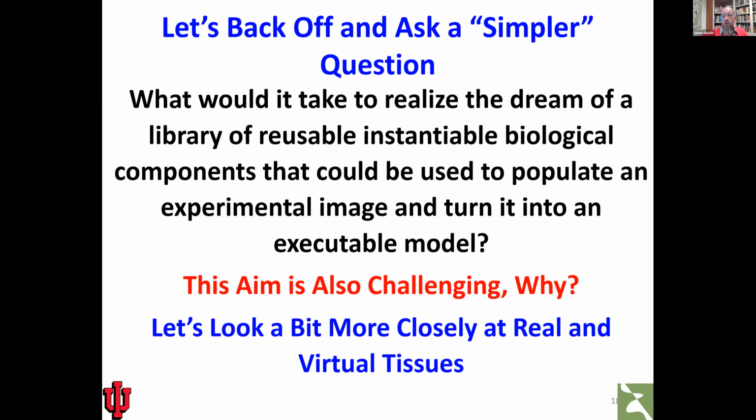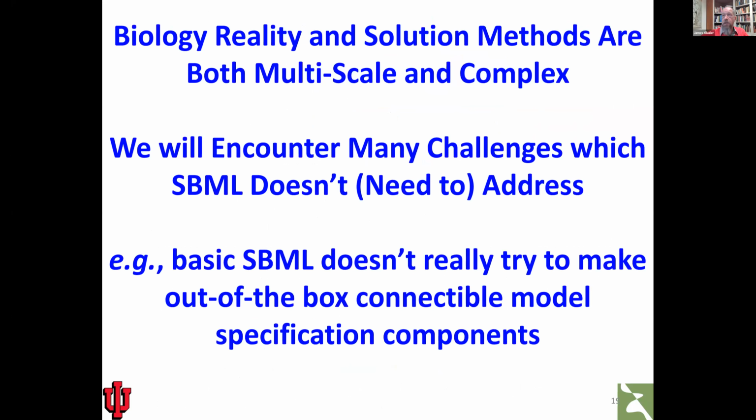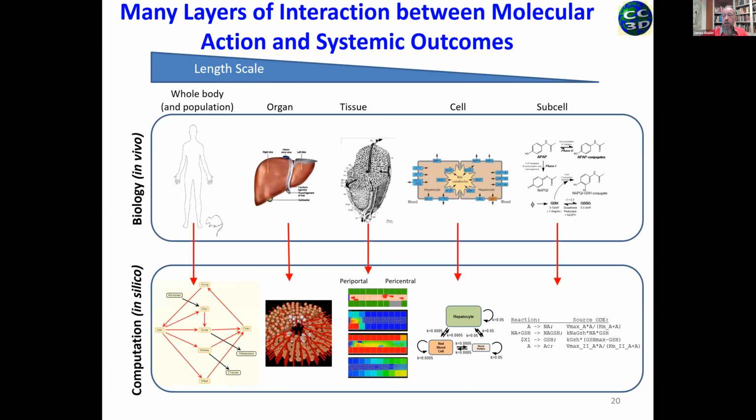Well, it's not easy. And if we look at the situation, we understand why. These are multi-scale models. There are a lot of issues that we have to deal with that are complicated. For one thing, there's a lot of heterogeneity at different scales, and the degree of resolution that we're going to use to represent those scales will change what parameters and information are exposed.